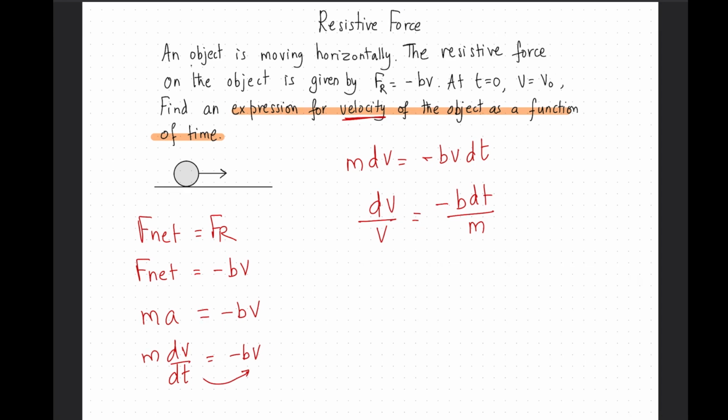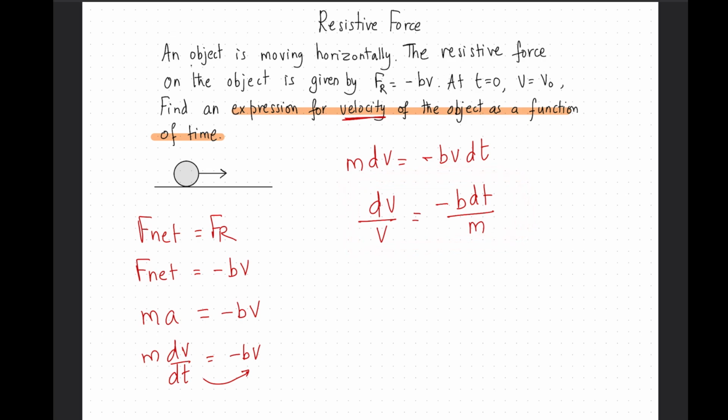Here I'm dividing both sides by mv. So we can see that v and v will get cancelled out, so m will be left on the right hand side in the denominator, and here m and m will cancel out, so v will be left on the left hand side. So that's how I get this equation.